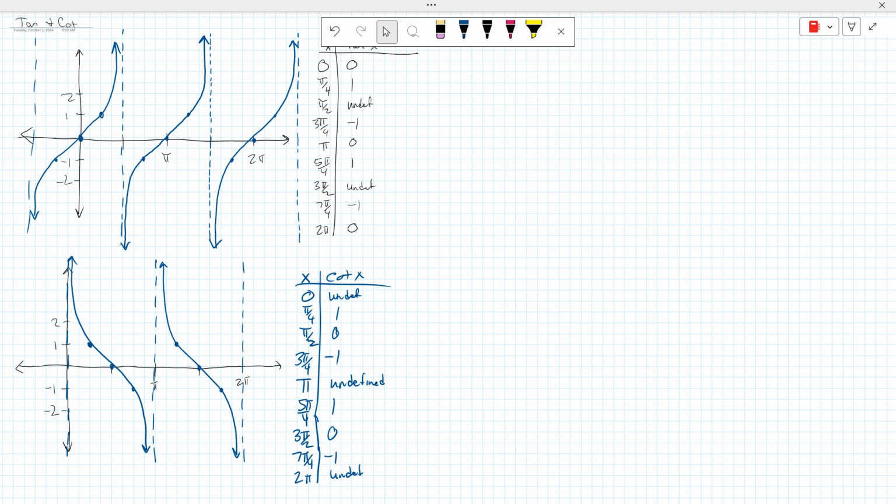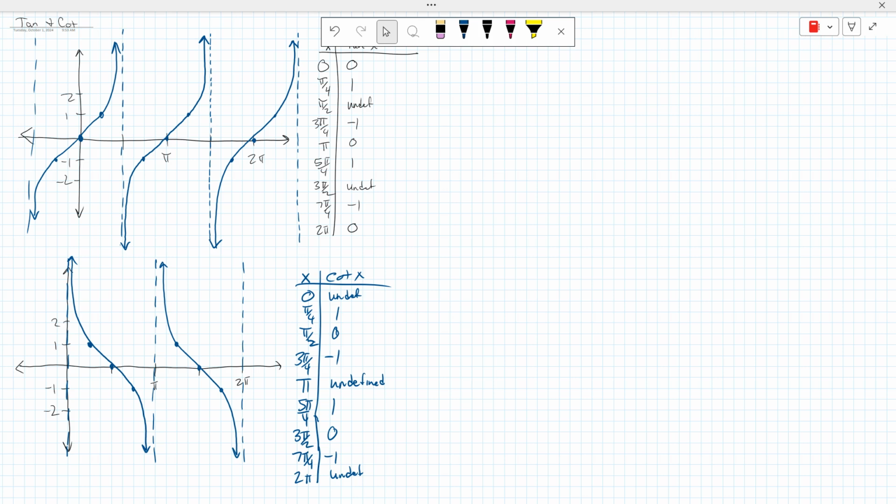Differences. What's the difference between this one and this one? Yep, one has a positive slope, the other one has a negative slope. Okay, they're reflected over the x-axis. What's another difference?